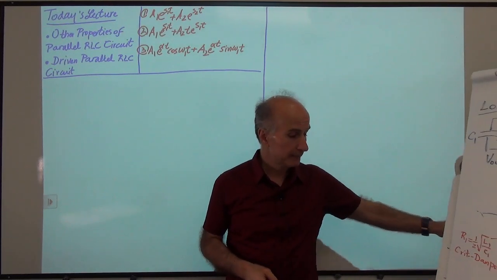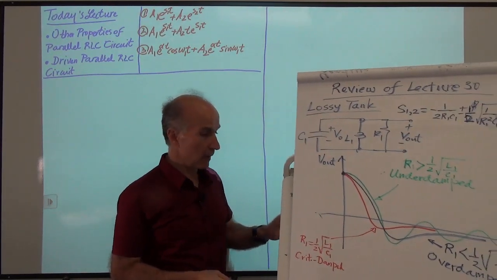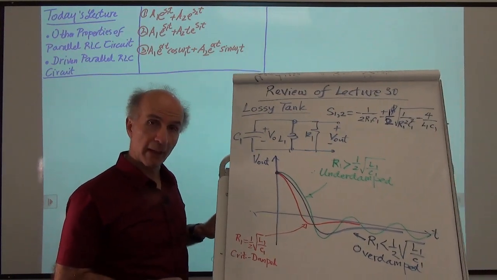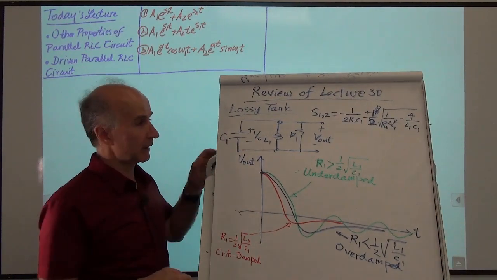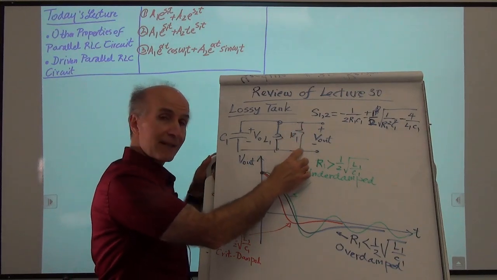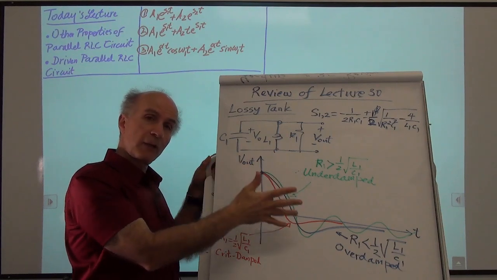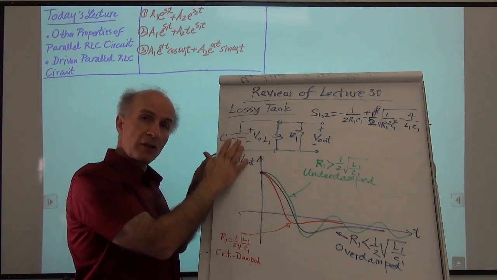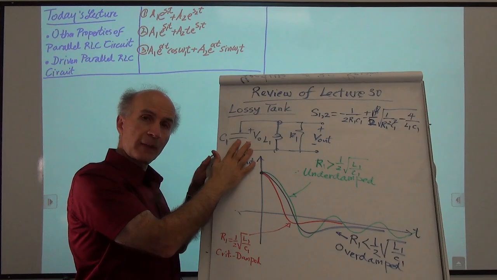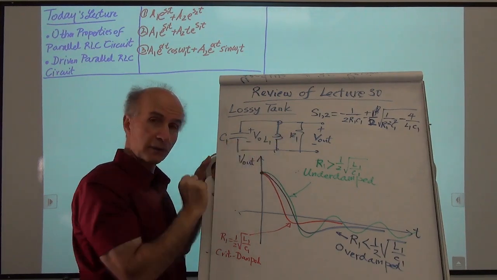But before we go there, let's take a look at what we have discovered so far about the circuit. We saw that in the presence of this resistance, the output voltage and these currents all have to go to zero eventually, because the energy stored in this capacitor initially is all dissipated by this resistor.